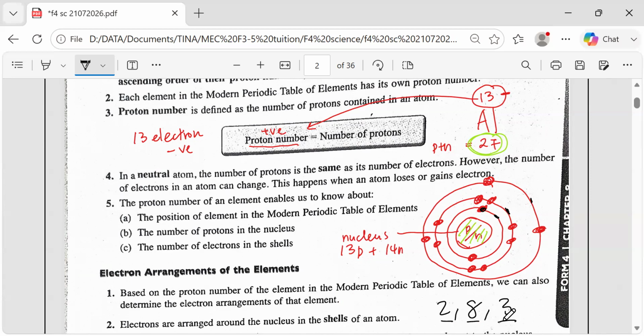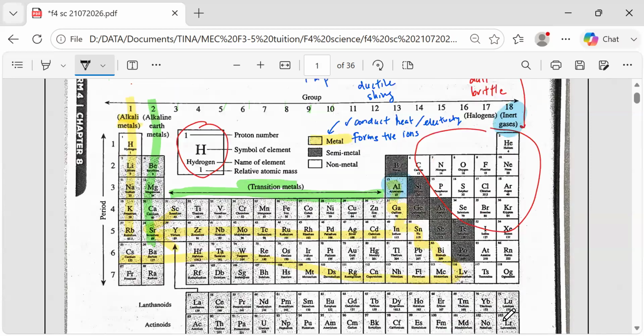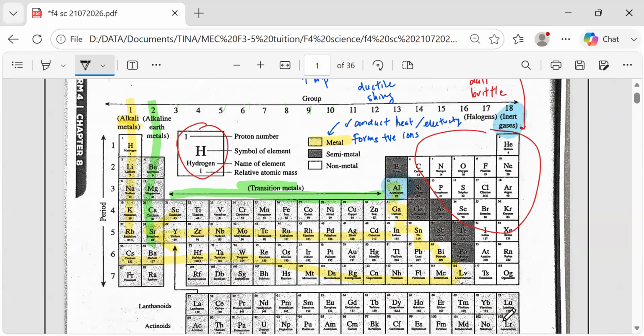So because got 3 shell in the periodic table is in period 3.